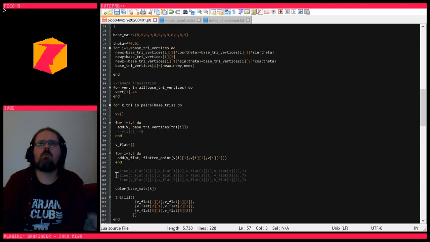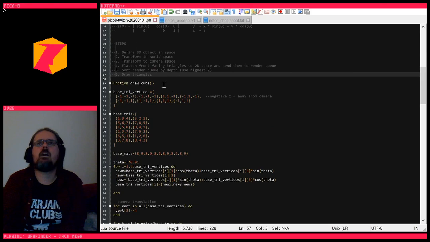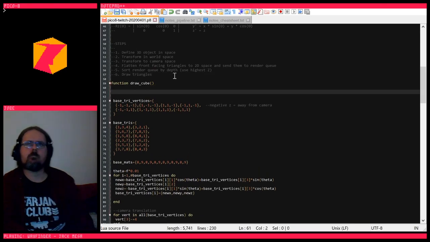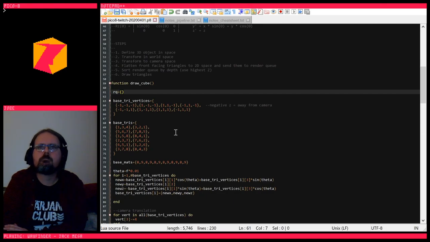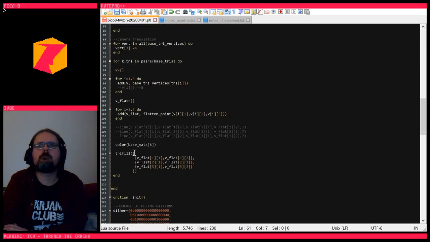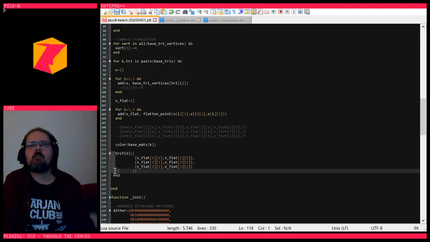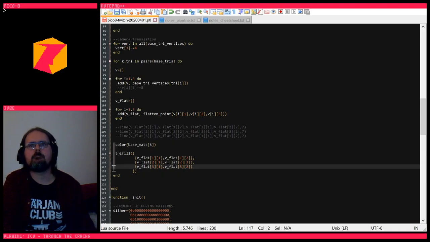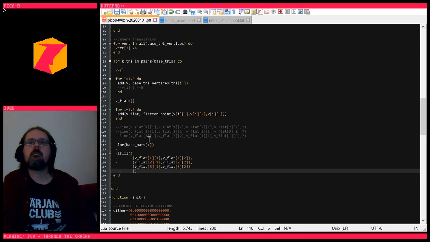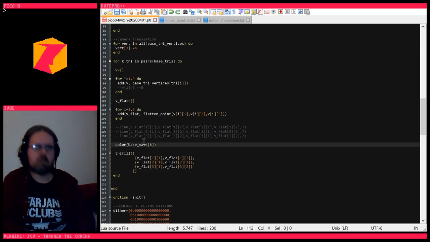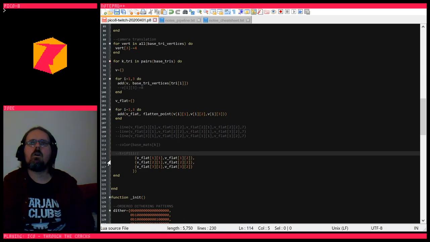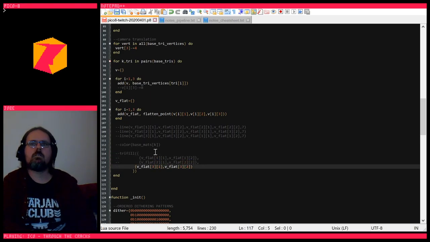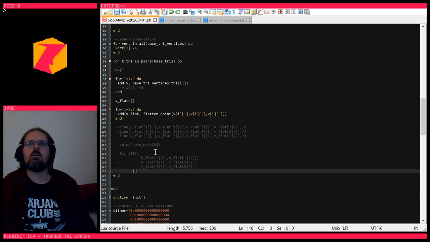this, now we're going to define another array. We're going to be calling it the render queue. So now, instead of doing this right away, we're going to be adding all the triangles as two-dimensional triangles into our render queue.